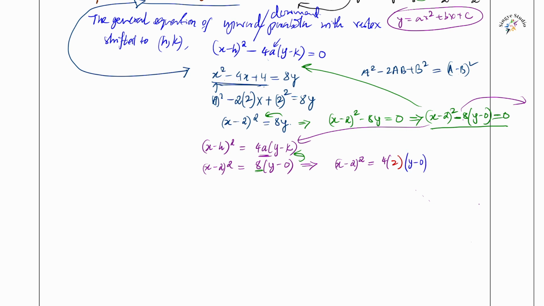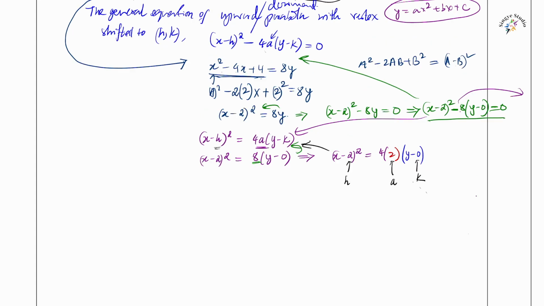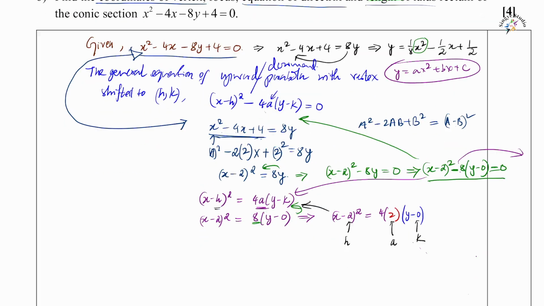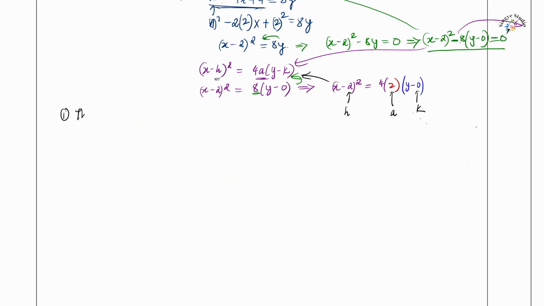So now with this you know lots of information. From this you know the value of h, the value of k, and the value of a also. We can answer the first part of the question, which is the coordinates of the vertex. Therefore, the coordinates of the vertex (h, k) are just (2, 0).